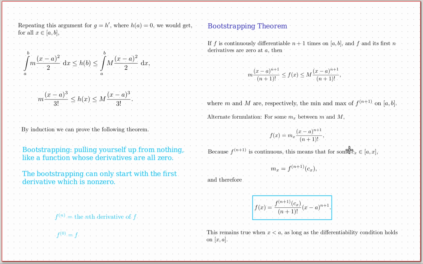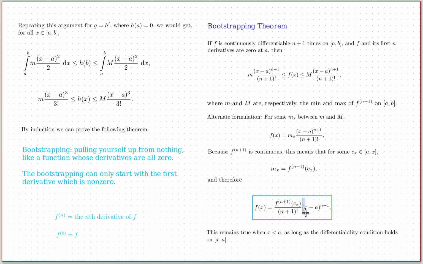So what we can say is there must be some point, I'll call it c sub x, on this interval between a and x, where the n plus first derivative of f is exactly equal to m sub x. Now, substituting this value for m sub x into this expression and rearranging things slightly, I get this. So we can say that f of x is exactly equal to the n plus first derivative evaluated at some point c sub x between a and x, divided by n plus 1 factorial, as before, times x minus a to the n plus 1.